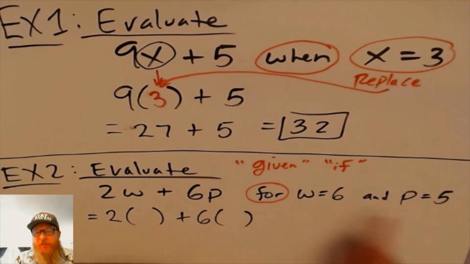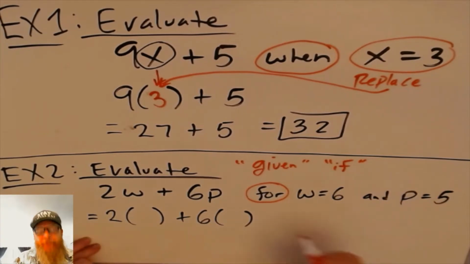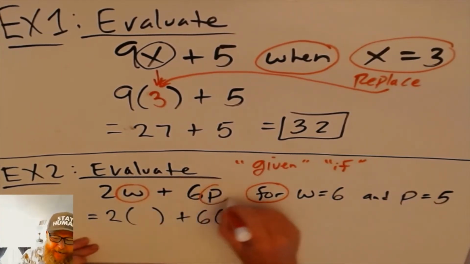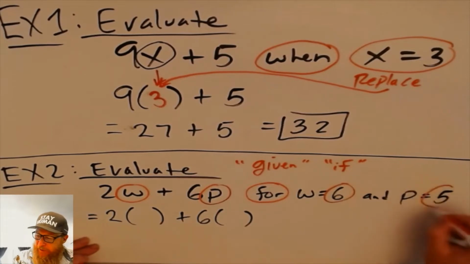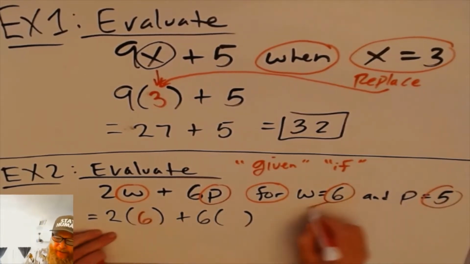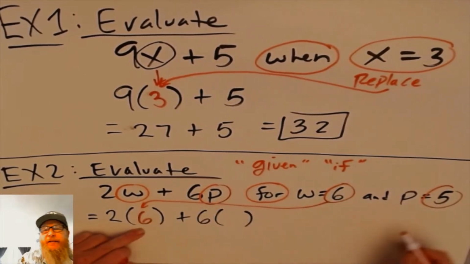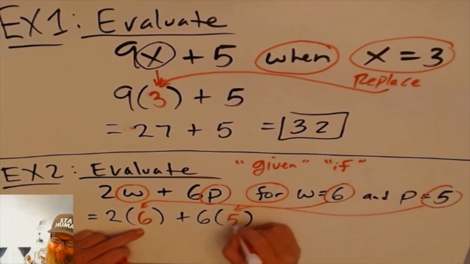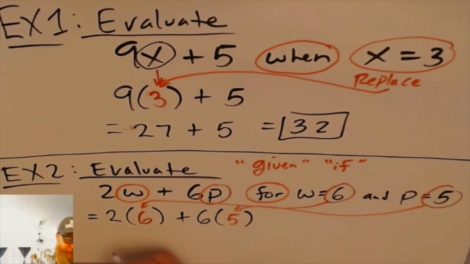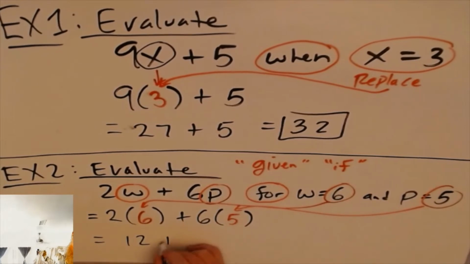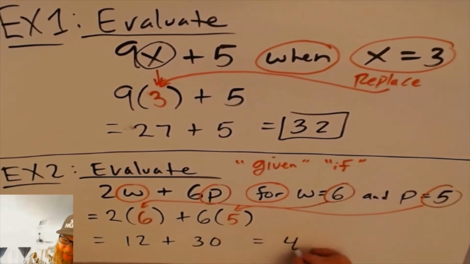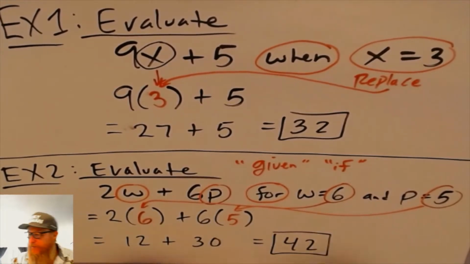Now this is a two-variable expression. So I've got a w and a p. So just be careful that you put them in the right place. So w is the 6 and p is the 5. So 12 plus 30, and the value is 42.